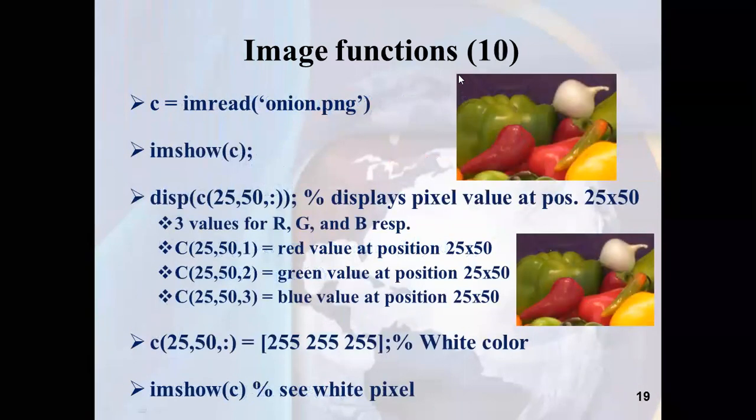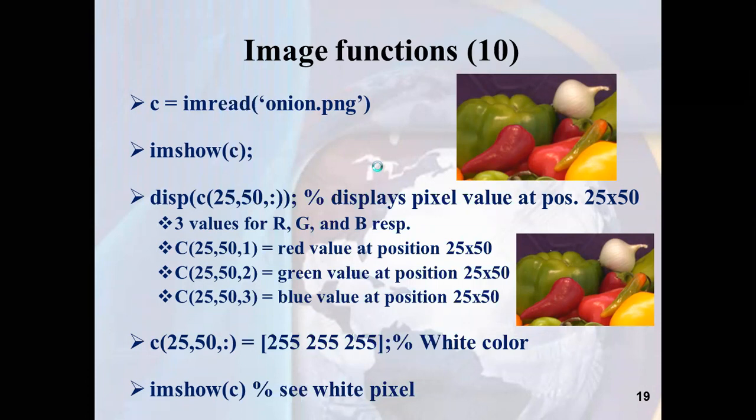This white block will go from the left side to the right side, then move down, then move from left to right, move down, and move from left to right until it arrives at the end of the image.